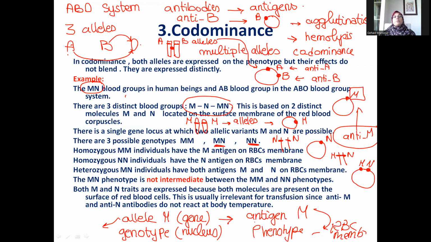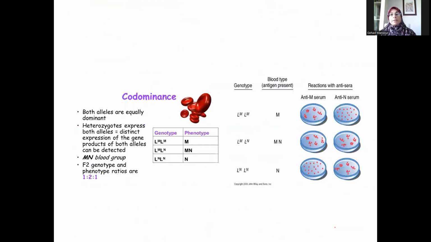Okay, this was the third non-Mendelian case, and here we can write the genotypes in a different way. So if your phenotype is M, then you definitely inherited M and M, and you write them on an L capital: L capital M, L capital M; L capital N, L capital N; and for M and N, you will have L capital M, L capital N, and some references consider it a heterozygous individual.